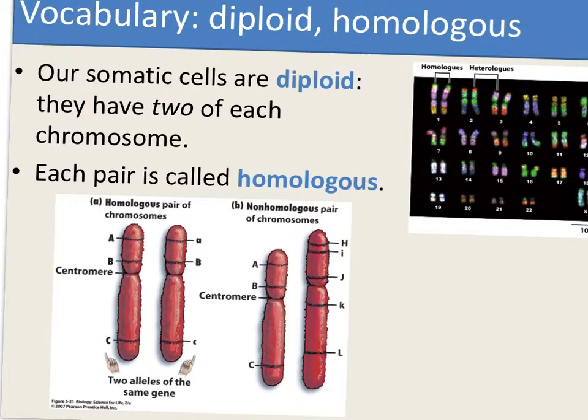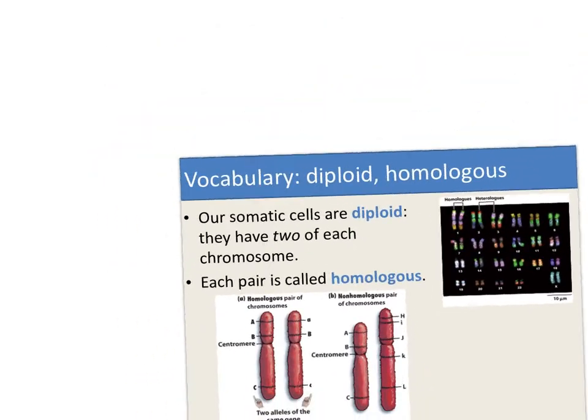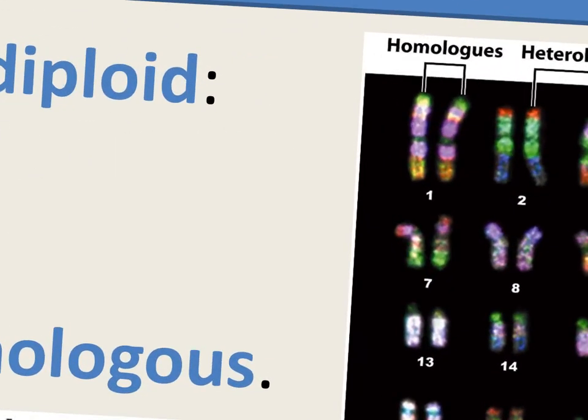Pairs of chromosomes, like chromosome 1, are homologous. That means there's two of each, one from mom, one from dad. Okay.